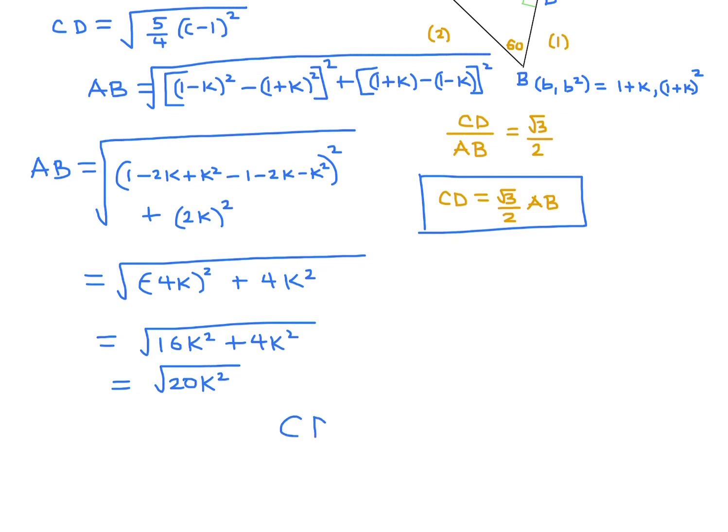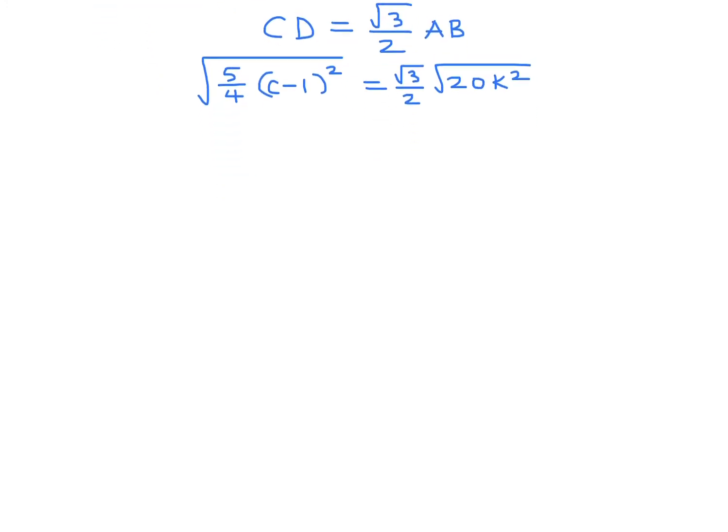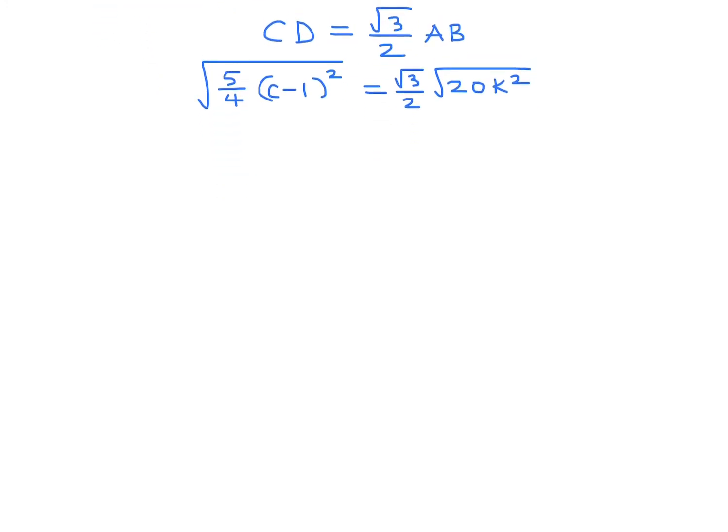We've got CD is equal to root 3 over 2 AB. CD we got over here, 5 over 4 c minus 1 all squared, root 3 over 2 AB. We just got root 20k squared. All right, we've got another formula in terms of c and k. Let's simplify this a little bit. Let's square both sides, get rid of all those roots. C minus 1 squared.